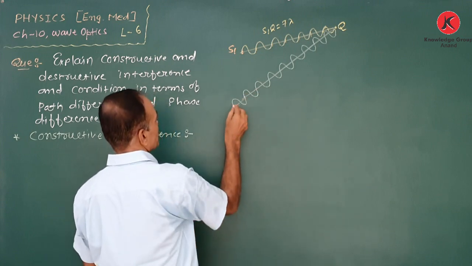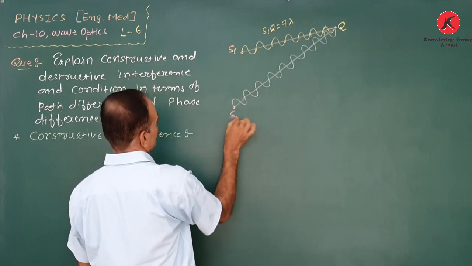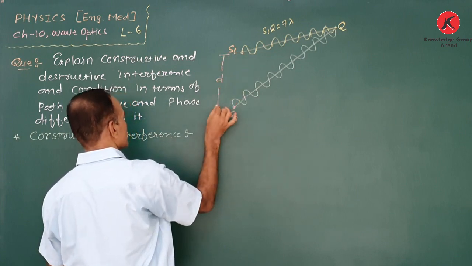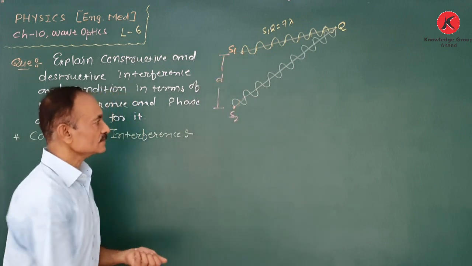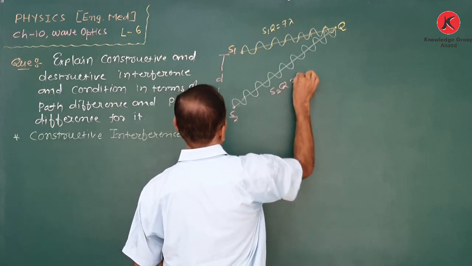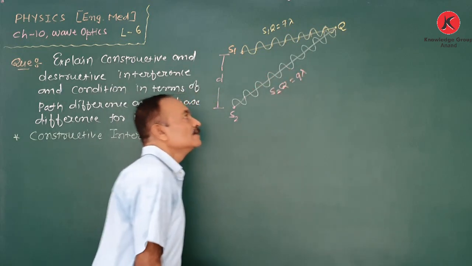So this point is our S2. The separation between these two sources is D. So here S2Q is equal to 9 lambda.